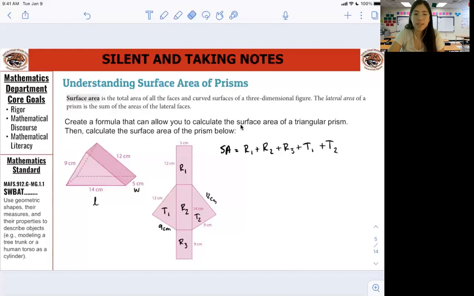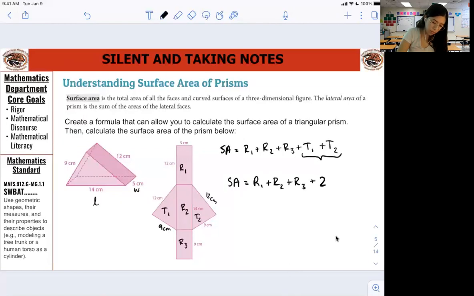What I did want us to notice is that the two triangles are the same. So the only thing we can simplify is that we can bring these two together. The surface area is going to be R1 plus R2 plus R3 plus 2 times the area of the triangles.